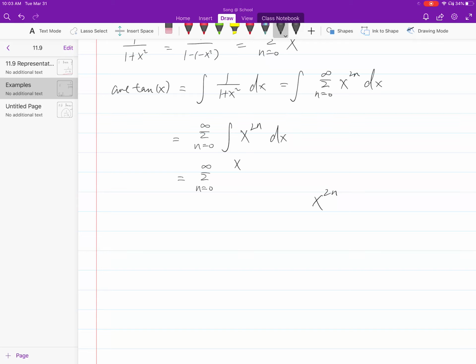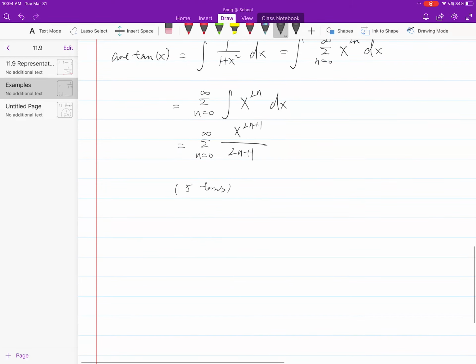It's going to be x to the 2n plus 1 over 2n plus 1, just like the way we take it for any power series, which is the same for any n you plug in. Okay, so by doing this, you just took the antiderivative of every single term of the original one. If you don't believe it, write down the sum, try to see it, and see if it makes sense. Okay, write down the first 5 terms. Try to see if it makes sense. This should be the answer.